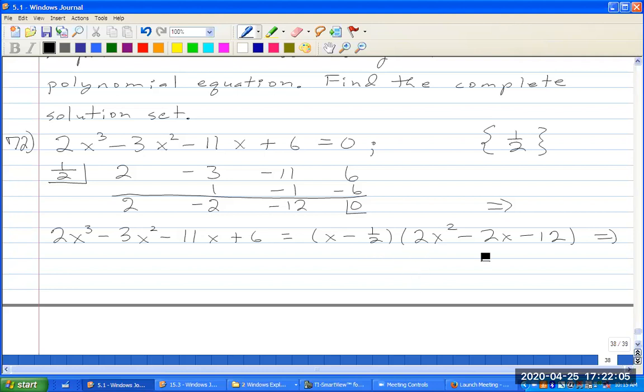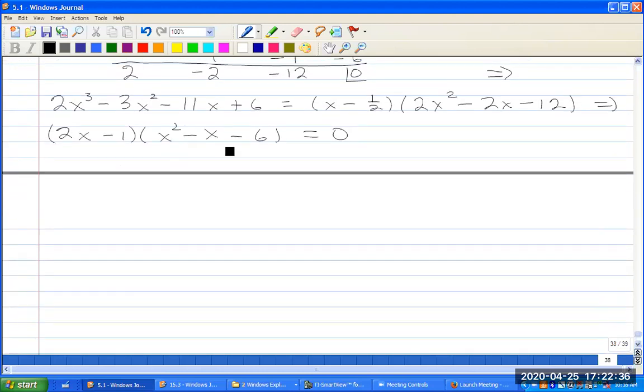Let's take the 2 over to the other term so that it looks easier. So I'll divide each of these coefficients by 2. So I get 2x minus 1 times x squared minus x minus 6 is 0. Okay. And so I can actually factor this monic quadratic trinomial as follows.